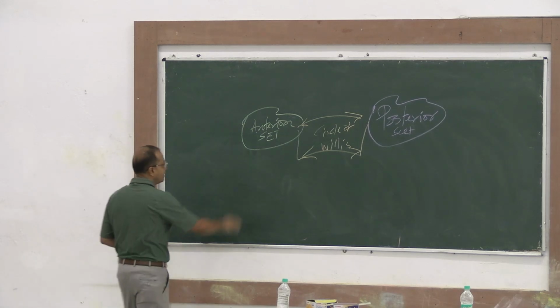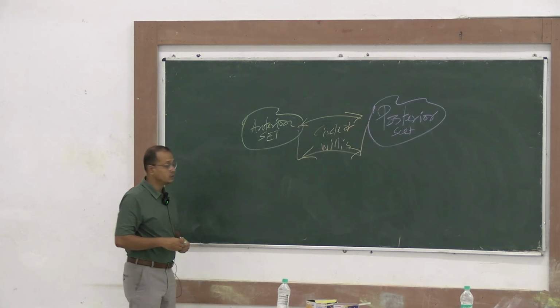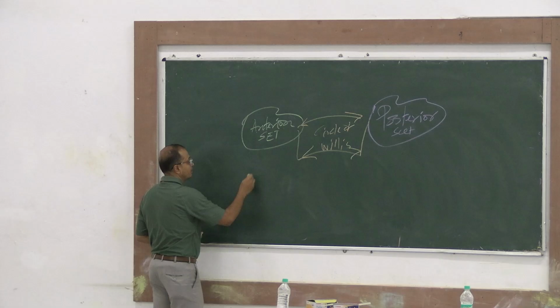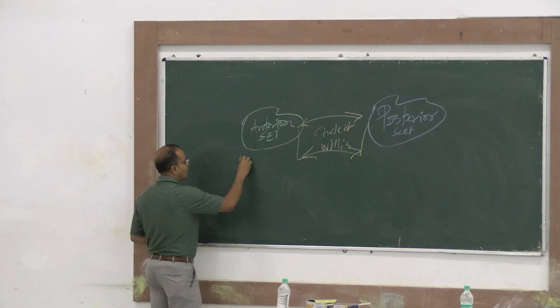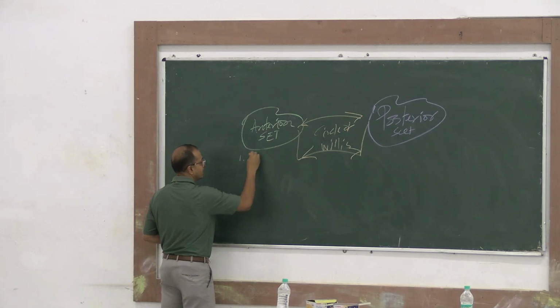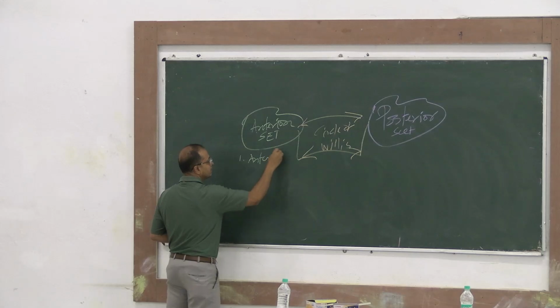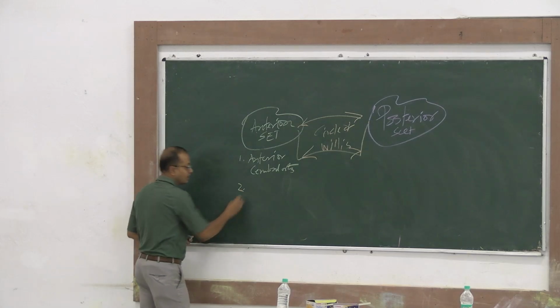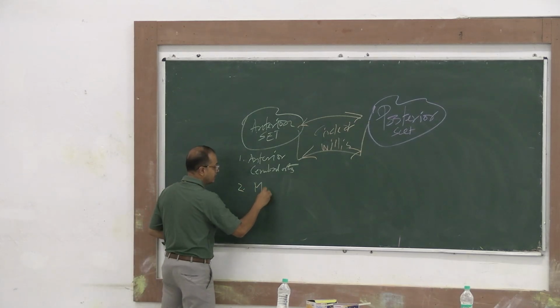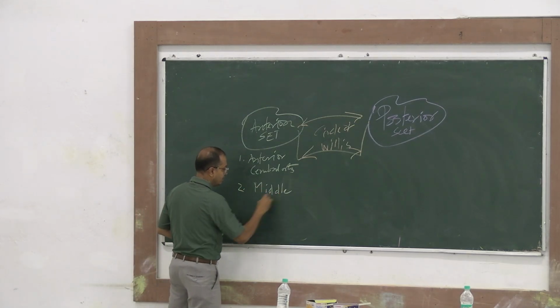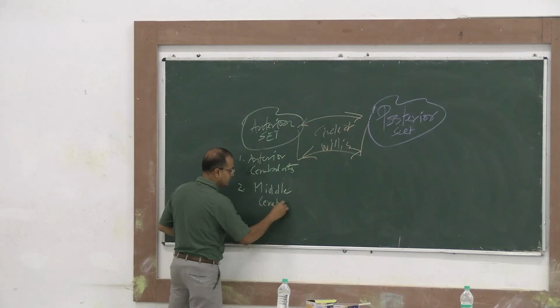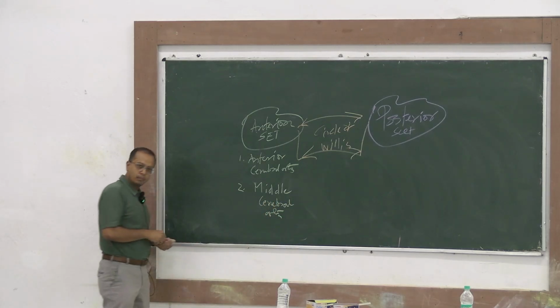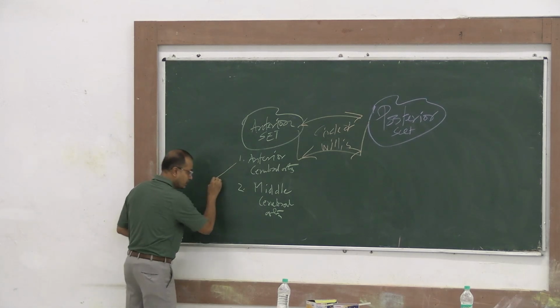The anterior set of blood vessels coming in here comes through two blood vessels. One is known as the anterior cerebral artery and the second one is the middle cerebral artery.